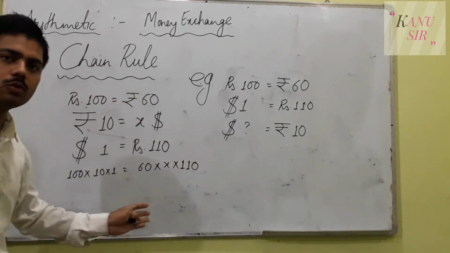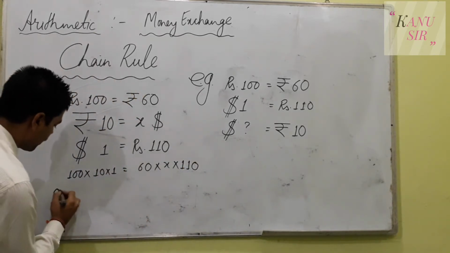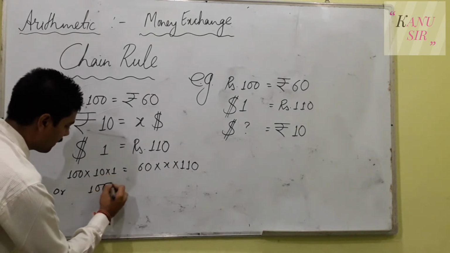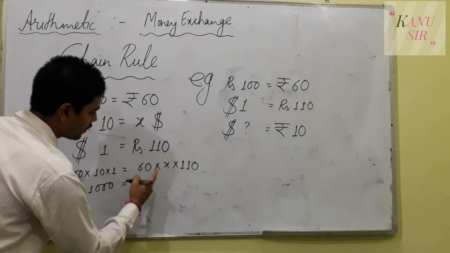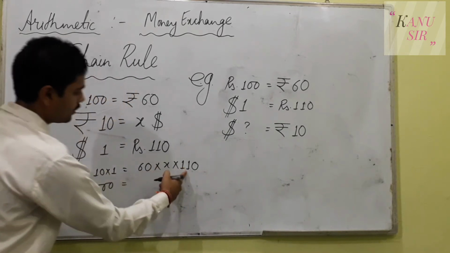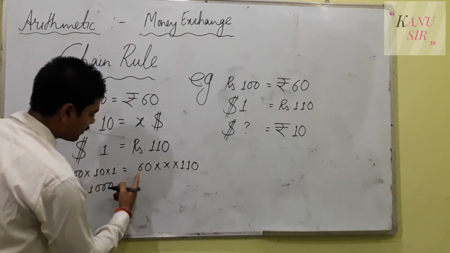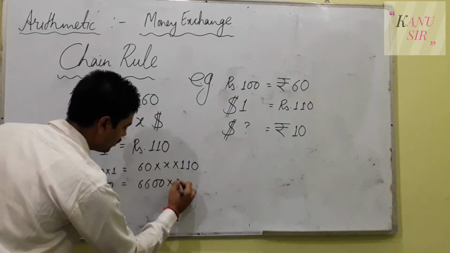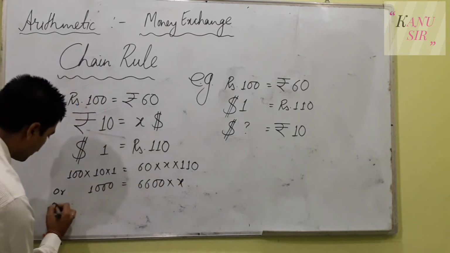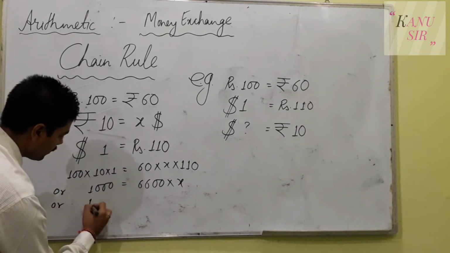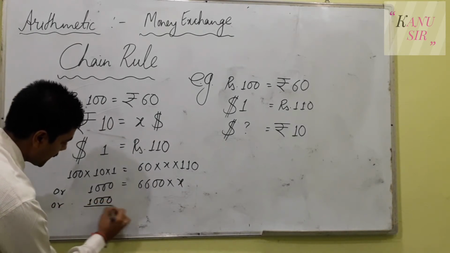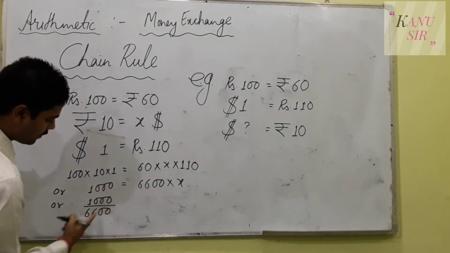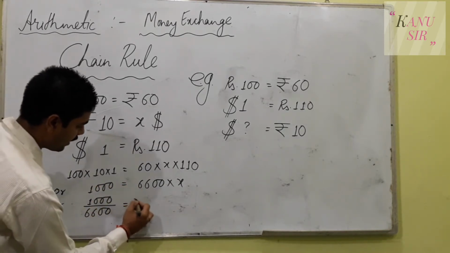After that you use multiplication. 100 times 10 times 1 is 1000, and 60 times 110 is 6600, so 1000 divided by 6600 is x.